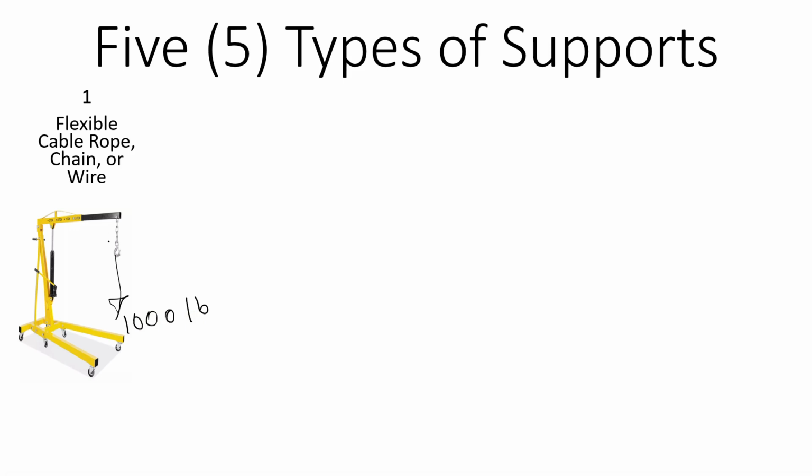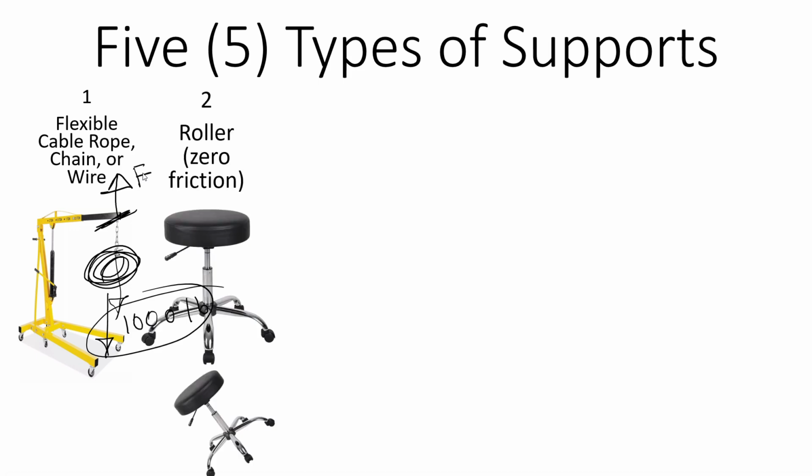Let's say we are analyzing this chain and we are going to free it right here. If you free it, whatever it is pulling is going to start to go down, so we have to balance that. To complete the free body diagram, you show that force as well as the balancing force. That completes the free body diagram for this connection type 1, which is the flexible rope or cable.